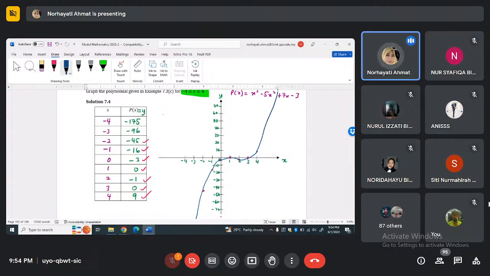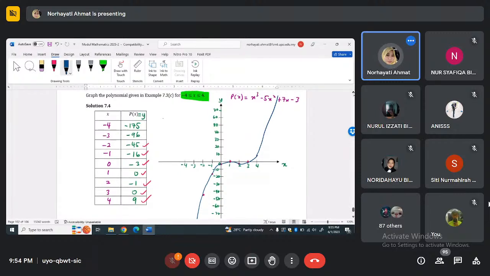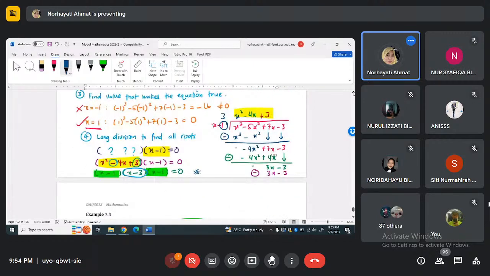Okay. Bentuknya lebih kurang macam ni lah. Kenapa saya kata increase? Sebab kita dah ada factor dia. Okay. Kalau awak tengok in previous example, the roots for these functions are negative 1, 1 and 3.